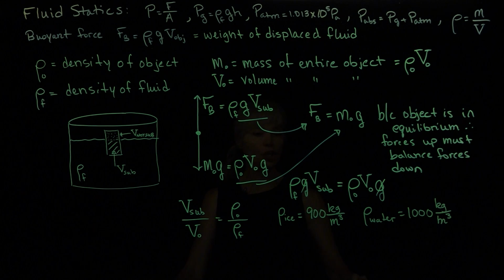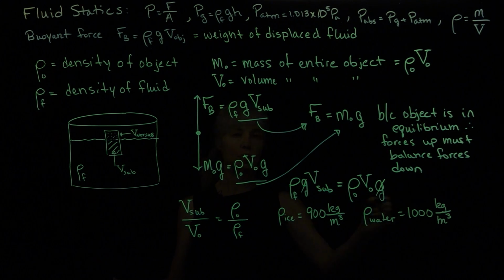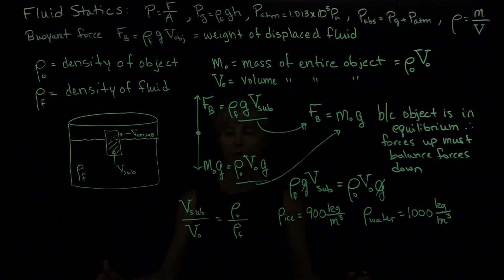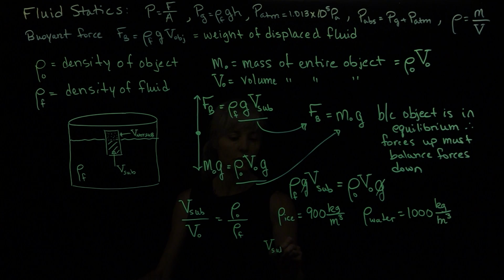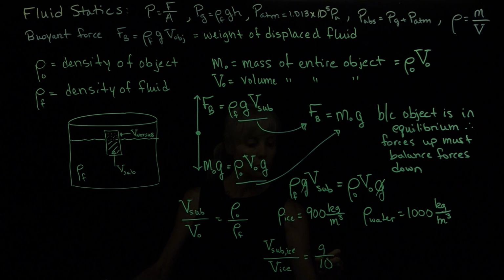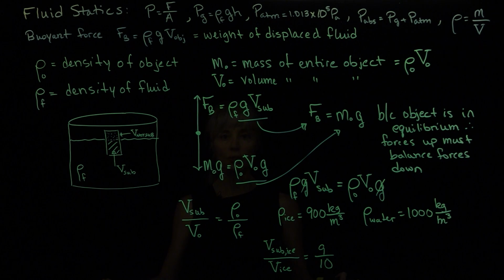Therefore, the ratio of the density of ice to the density of water is 900 to 1,000, or 9/10. So that means the ratio of the volume of the submerged ice to the total volume of the ice will be equal to 9/10. As an example, 9/10 of your ice cube's volume will always be below the surface.